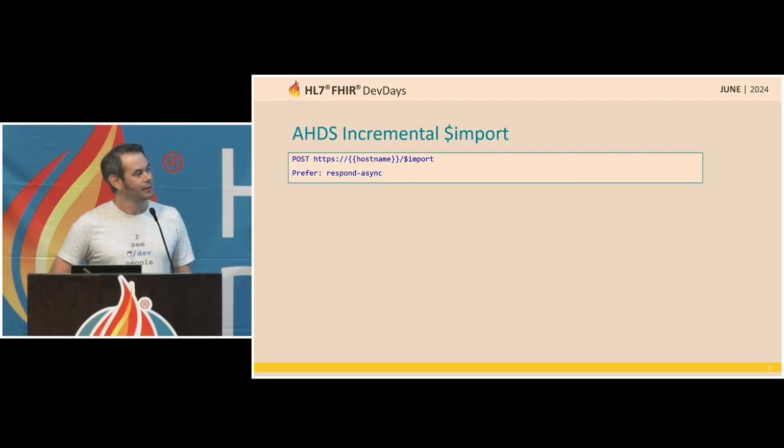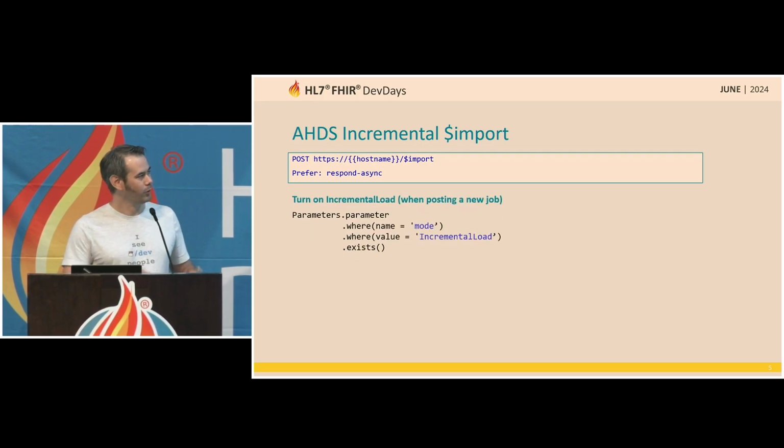So how does it work? It is the same as the initial import mode, posting to the $import operation. I wanted to show these as FHIR path expressions as opposed to bombarding you with a big blob of JSON here. But if you're posting up the parameters object, the only change to make it an incremental load is setting the mode value to incremental.